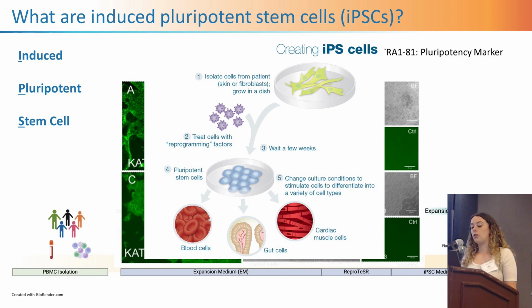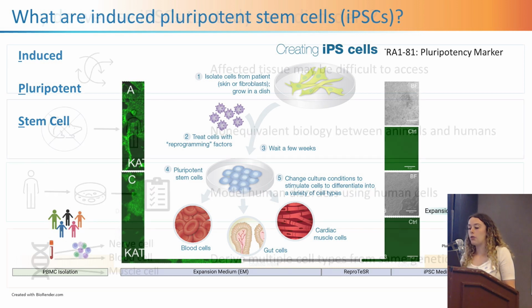And then we can continue to culture these cells until we have the iPSC cell line. And we put them through a few different quality controls just to ensure that the reprogramming works. And just to show you a quick example, these are two cell lines that we were able to reprogram for the iPSC bank. And this is just one of the quality controls that we do, which is staining for a pluripotency marker.